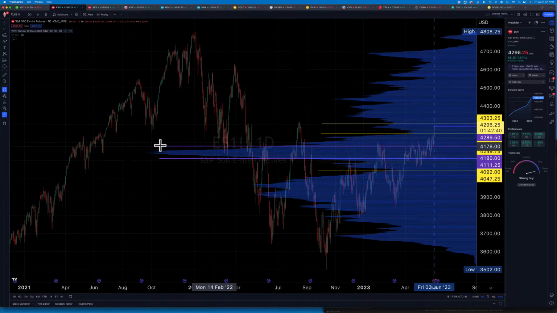What you're seeing here is markets tending to want to trade around certain areas and not trade around other areas, and dramatic drops from the amount of volume or the amount of time it's spent trading to other areas where it's not trading. These dramatic drops in volume or increases in volume create indelible marks in the market. And this is what we call the market structure, sort of the market landscape.